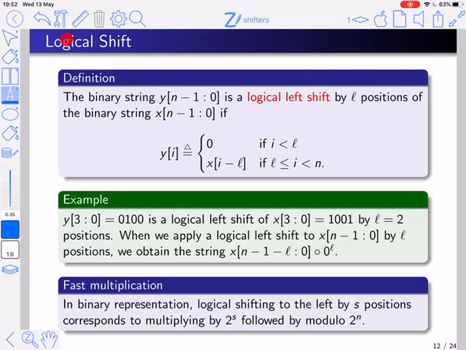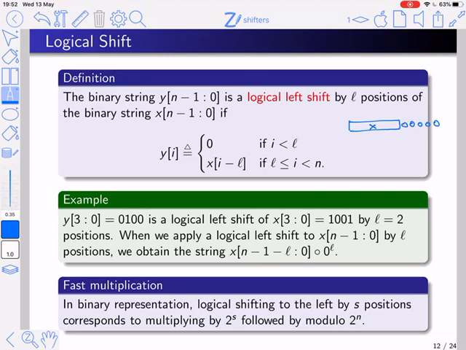Now let's talk about logical shifts, which are somewhat different from cyclic shifts. In a logical shift, if we're talking about a left shift, you can think of it as if I took x and padded zeros from the right.